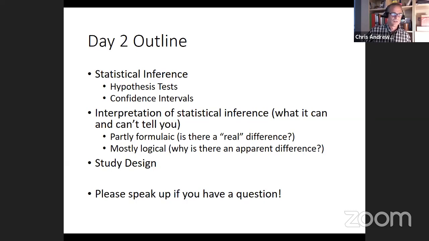So these are tools that can be used. They produce numbers, but what can we do with those things? And one thing that statistical inference can address is really just formulaic. Is this number less than 0.05, or does this confidence interval include 0, or something like that?